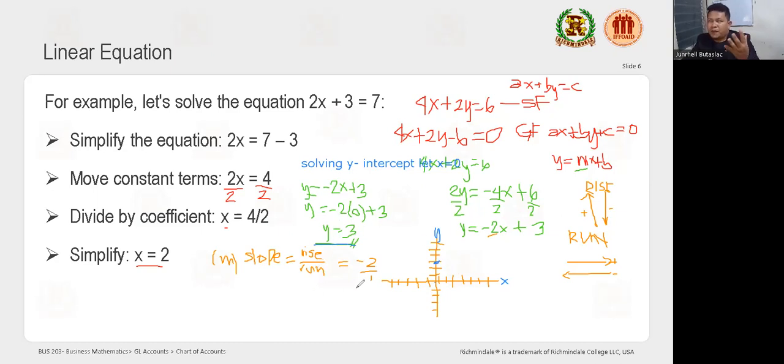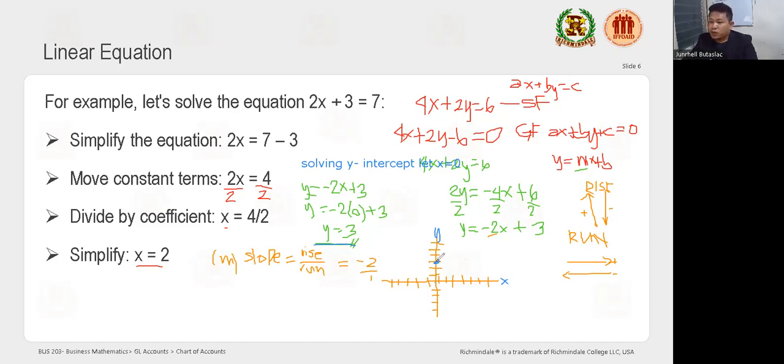After plotting the y-intercept, all you have to do is plot the slope by following the formula rise over run. You start with the rise, of course. For rise, it's -2, so we have to go down, starting from this y-intercept.